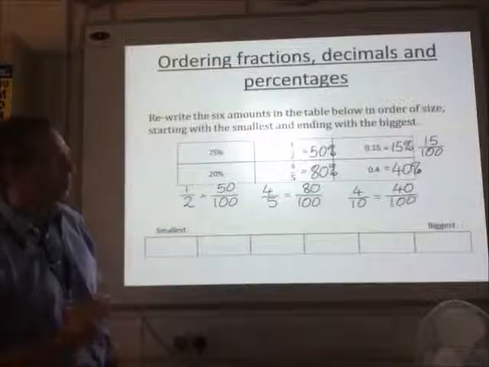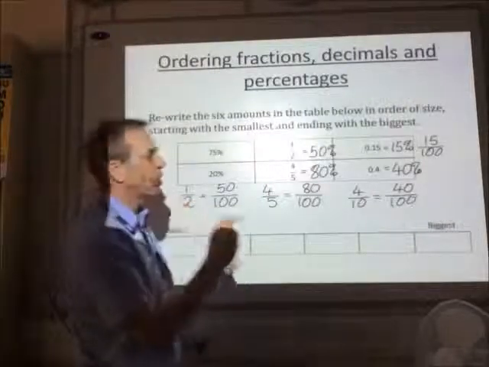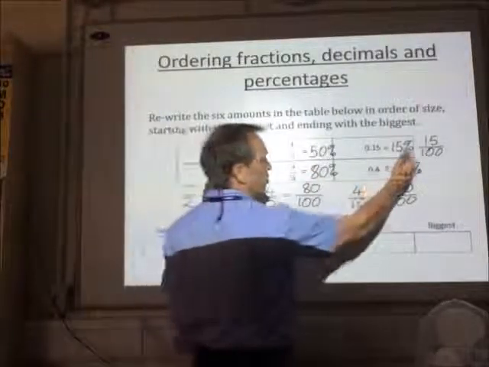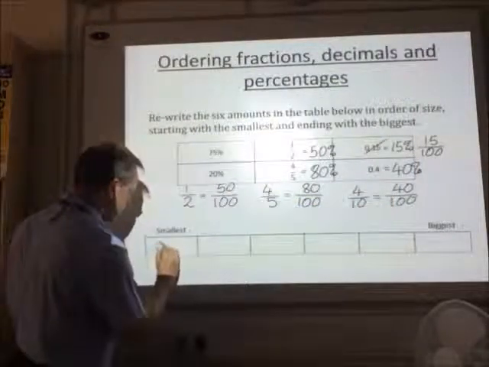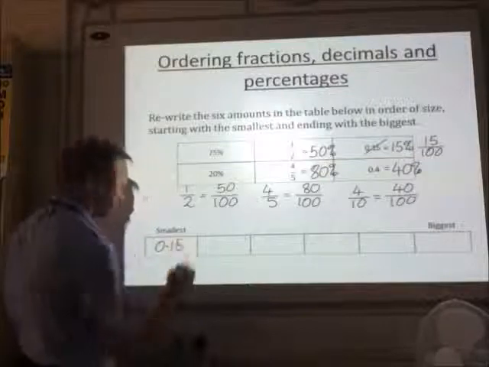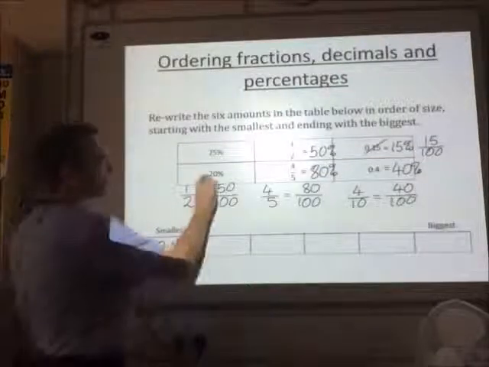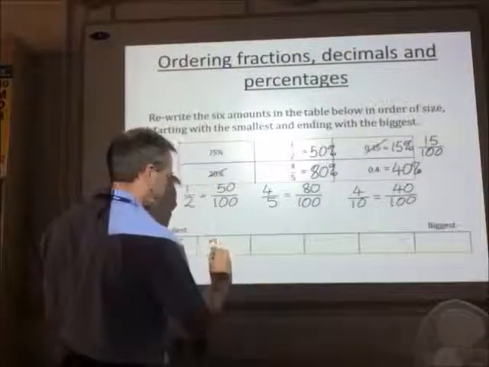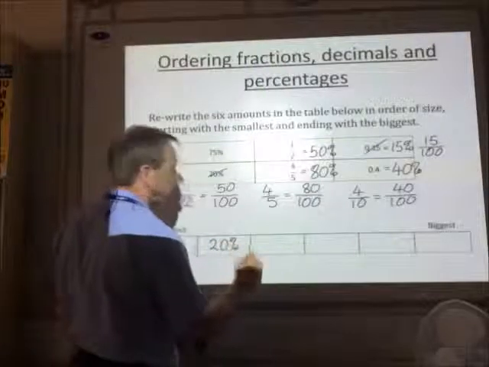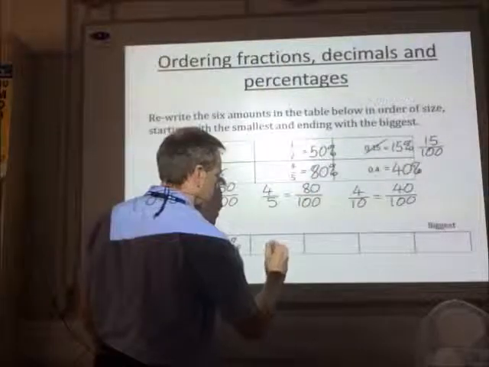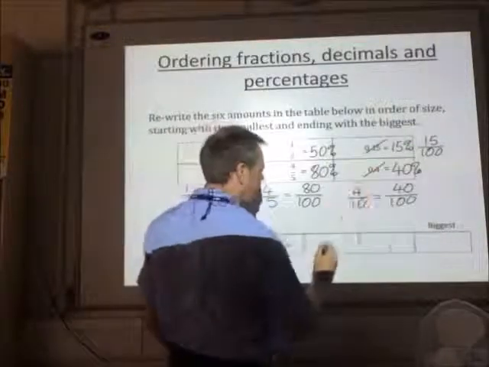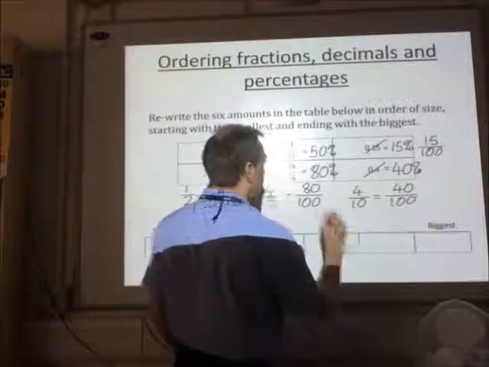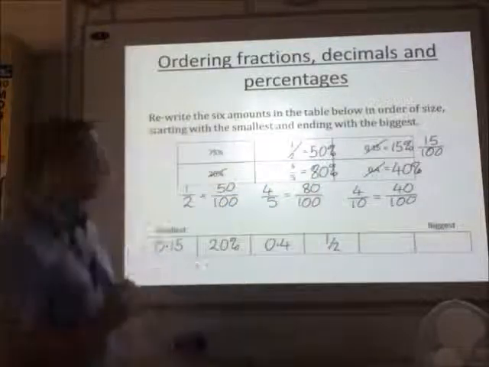So looking at my percentages here, and I'm just going to tick them off as I go along. The smallest number I've got here percentage-wise is 15%. So I'm going to write 0.15. My next smallest, 20%. Going up, 0.4, that gives me 40%. 1/2 is 50%.